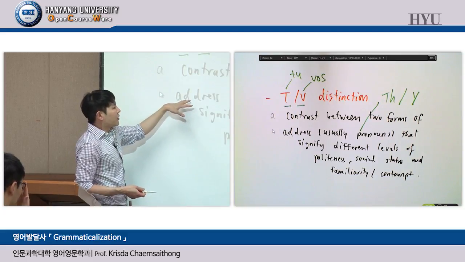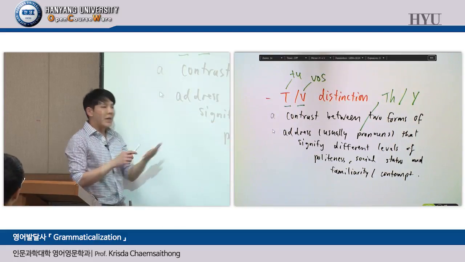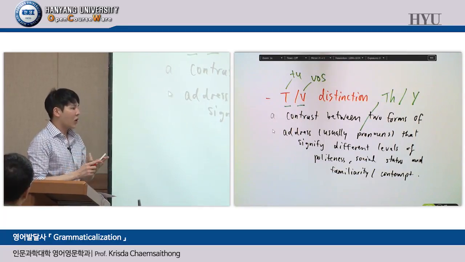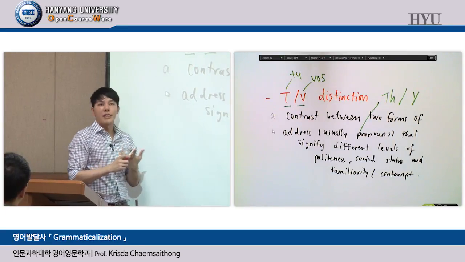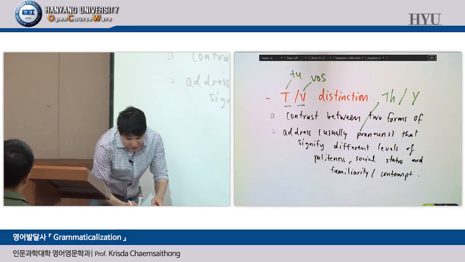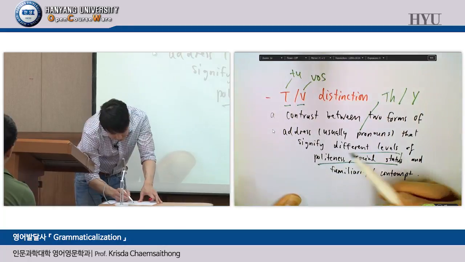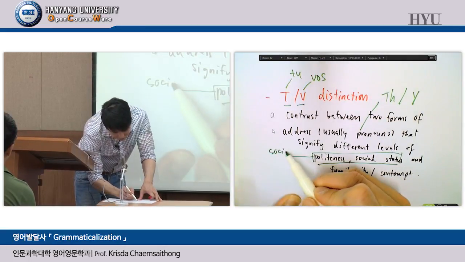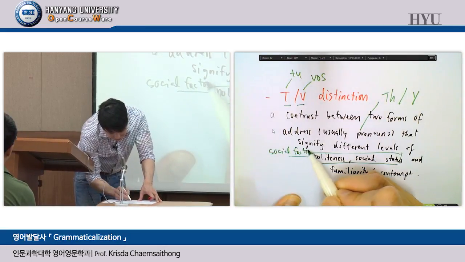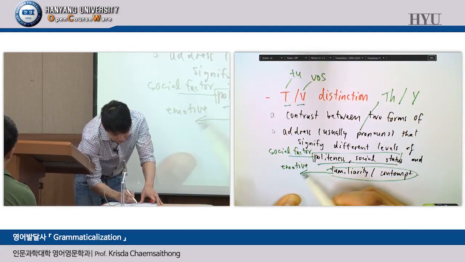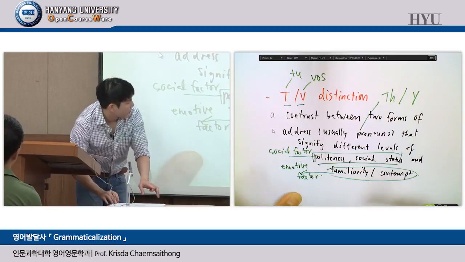Now, the two forms of address signify different levels of many things, including politeness, including social status, and also familiarity or contempt. So here, this is more like a social factor, and here, this is more like an emotive factor or situational factor.